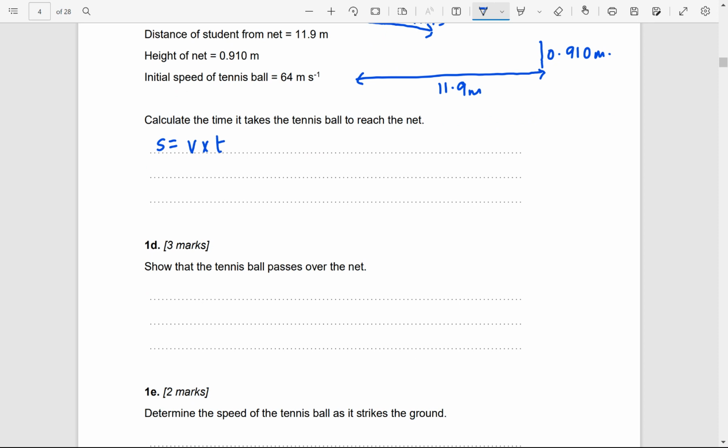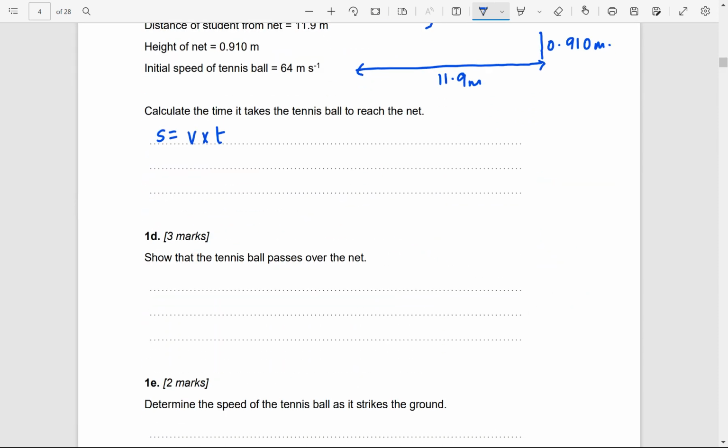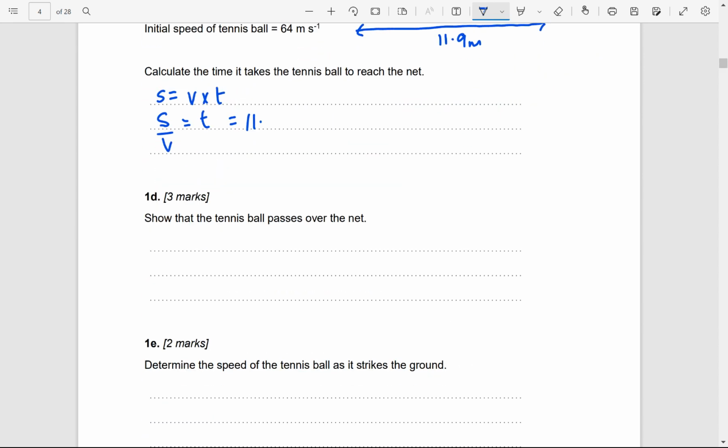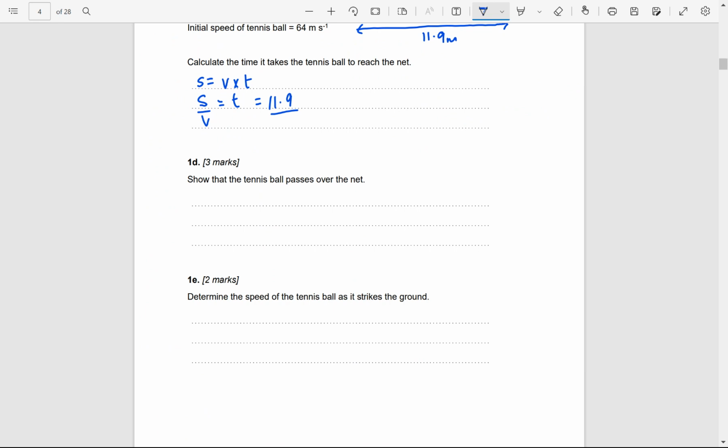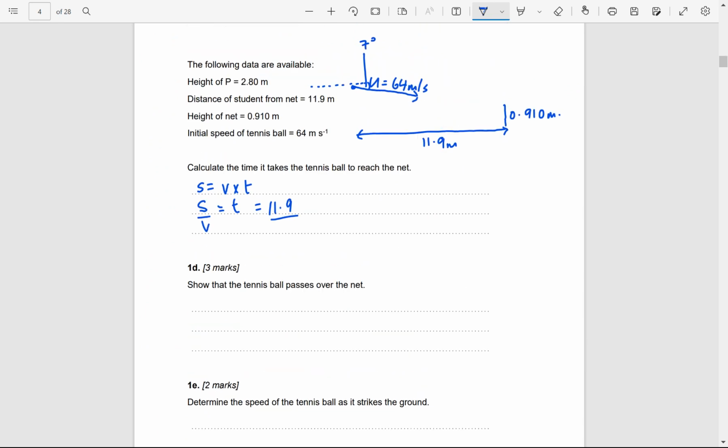Sorry, I'm struggling with my pen, hold on. So we know that we're trying to find t, so S over V equals t. So S is 11.9 meters. I'm really struggling with my pen, hold on. Right, I'll try to make the screen a bit smaller to help. Divided by the horizontal. Now we can work out the horizontal like this.